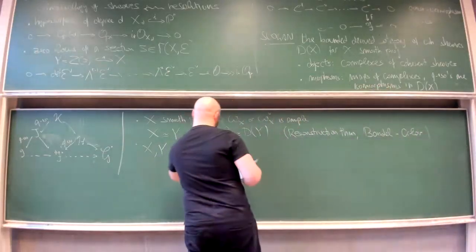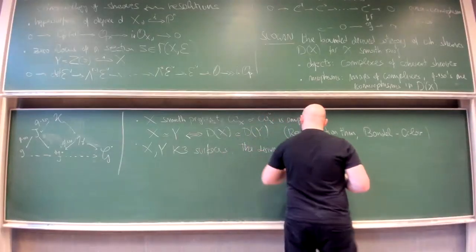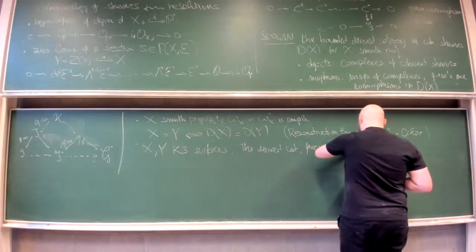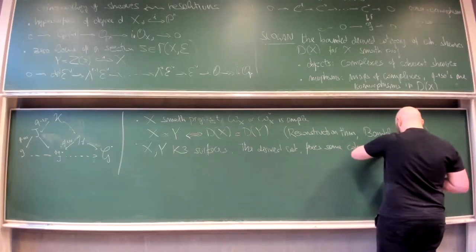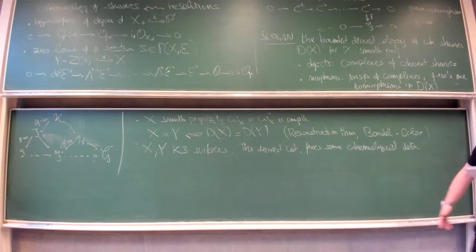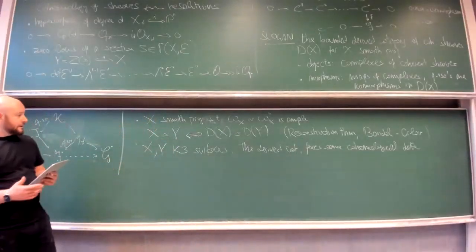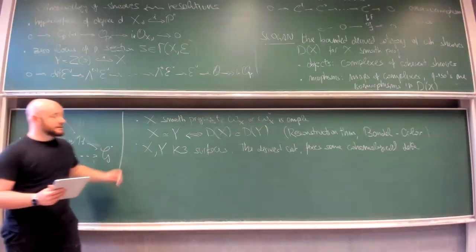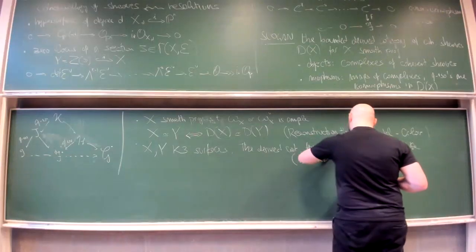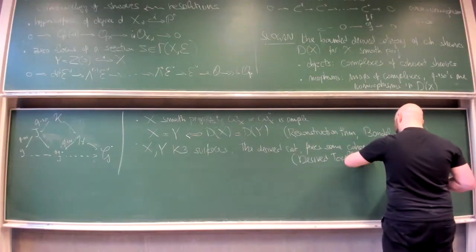In particular, you have that the derived category fixes some kind of homological data. So in particular, you have some lattice associated to the H2 homology of this variety, which is preserved up to isometry if and only if those varieties are derived equivalent. So this is called the derived Torelli theorem, and it's due to Mukai and Orlov.